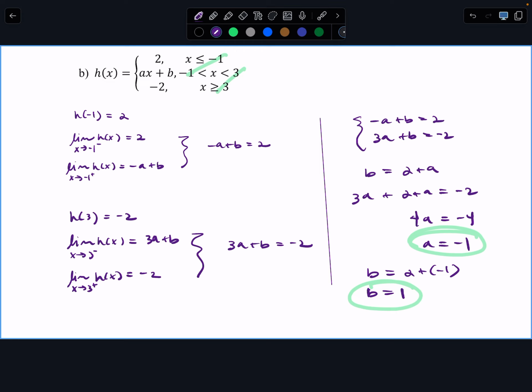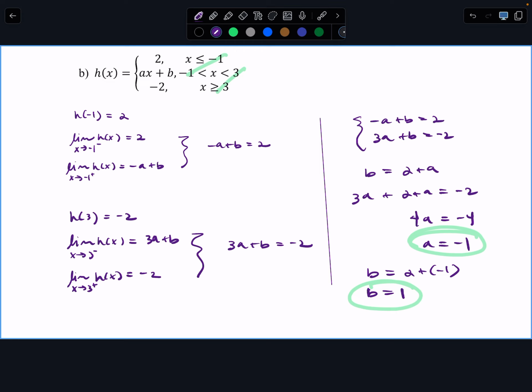What did you get? I got -1 and 1. I did it the wrong way.